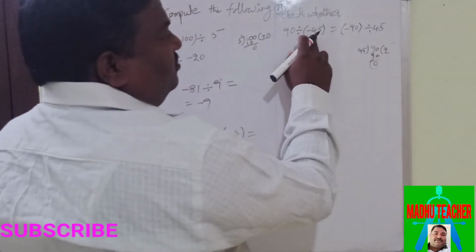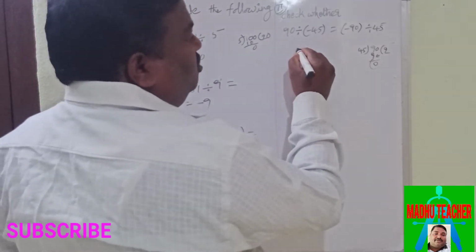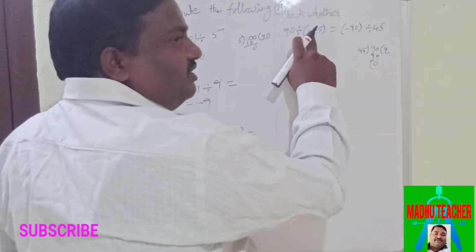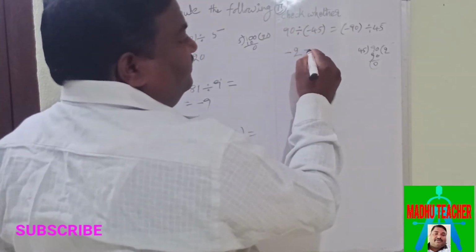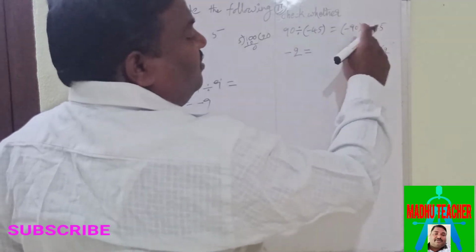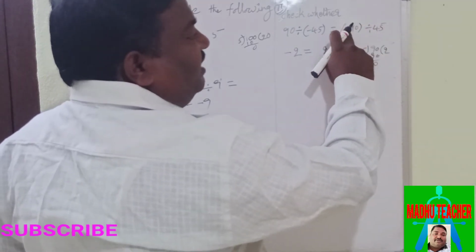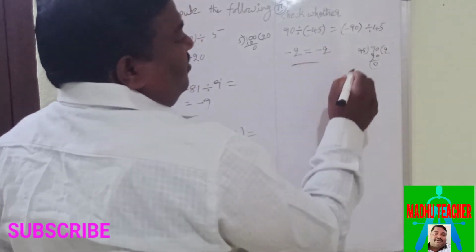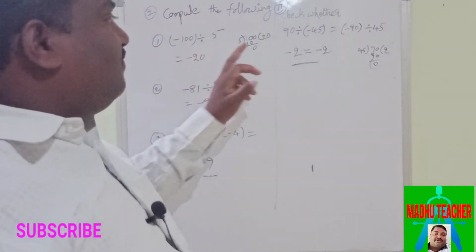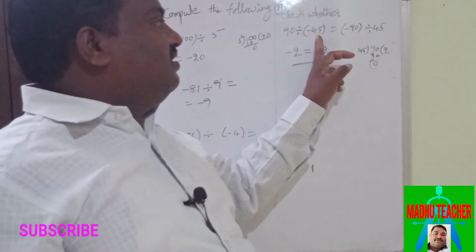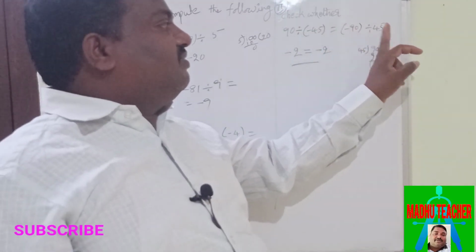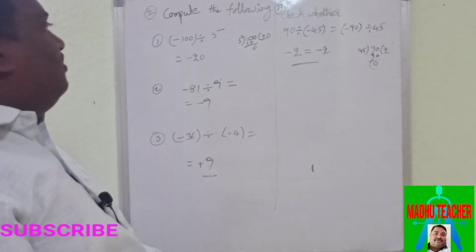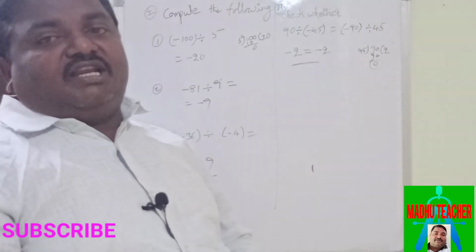Here division of positive integer by negative integer is negative, so -2. RHS: 90 divided by 45 is 2. Division of negative integer by positive integer is also minus. So -2 equal to -2. Therefore 90 divided by -45 equal to -90 divided by 45. Okay, so this is the division of integers.